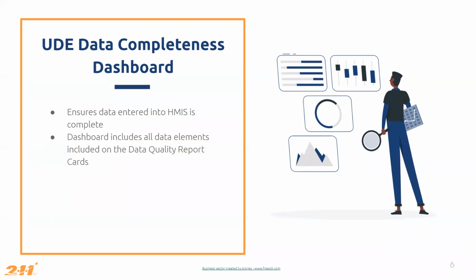And this dashboard includes all of the data elements on the data quality report cards that we publish on a quarterly basis. So you will be able to run this data as needed for your agencies and make data quality corrections as often as you would like.